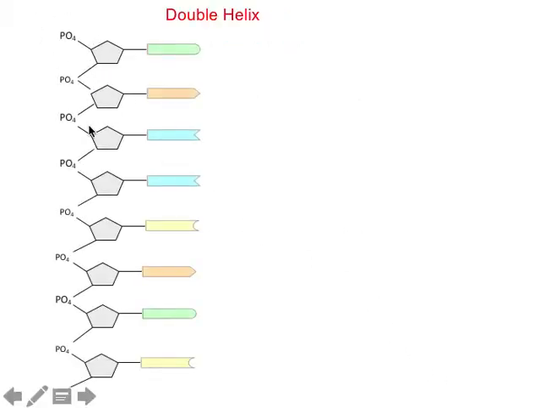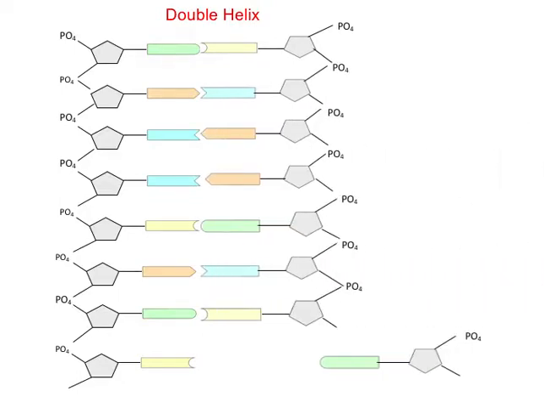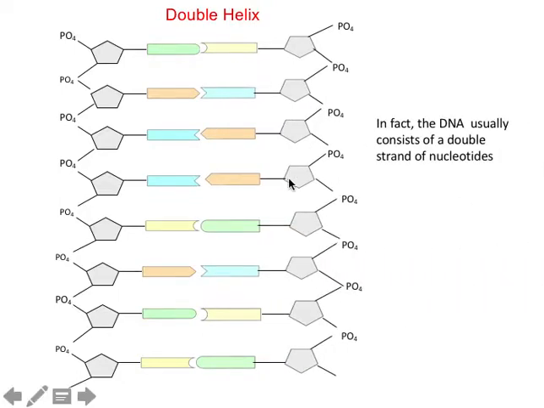Here is one side of my DNA strand with alternating phosphate, sugar, so on and so forth. And coming off the sugar into the middle are your bases. I can now, using my complementary base pairing rule, join the bases together. I've now formed a double helix.